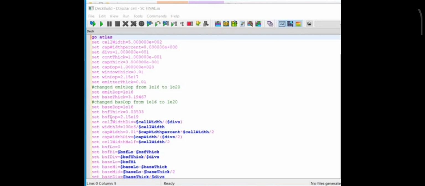Next, I have defined some other parameters: base doping, base thickness, BSF thickness, BSF doping, cell width. I am using the previously defined constant with the $ sign, cell width. These are the different constants. You can note them down very carefully to run this program on your PC.